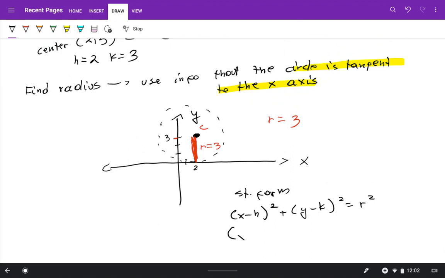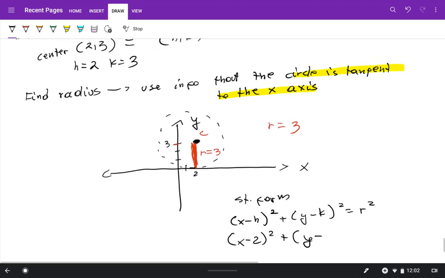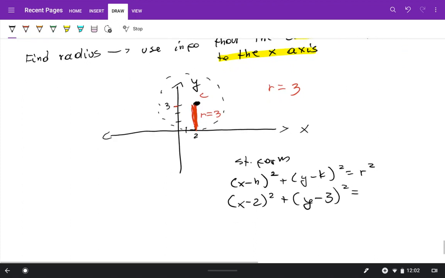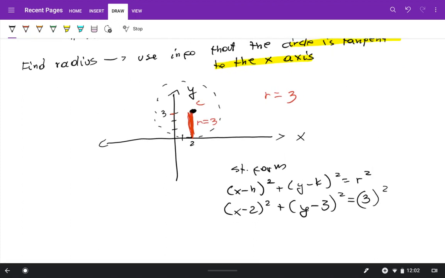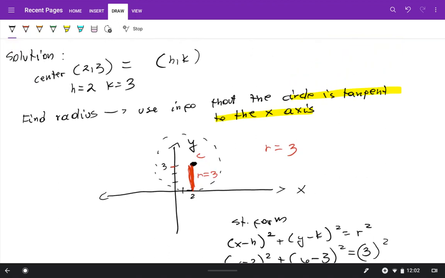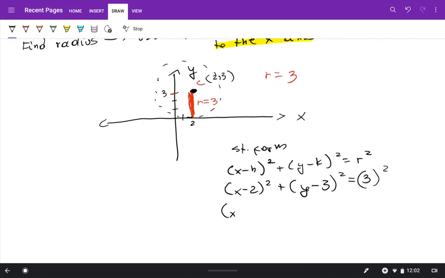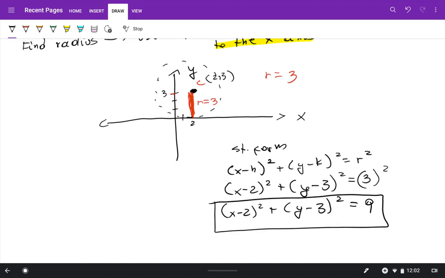So we have (x - 2)^2 + (y - k)^2 = 3^2, the radius to the second power. Don't forget that the center right here is (2, 3), so (h, k). And just simplify. So this is (x - 2)^2 + (y - 3)^2 = 9.